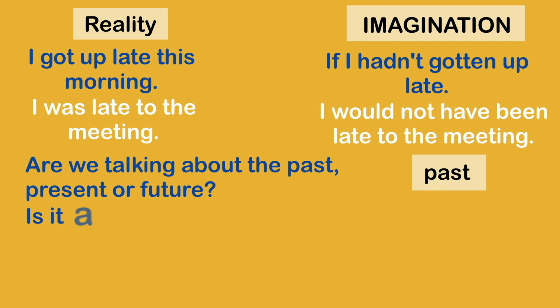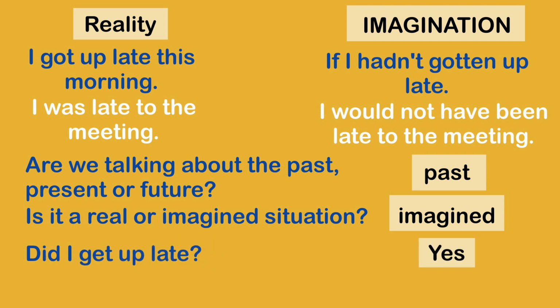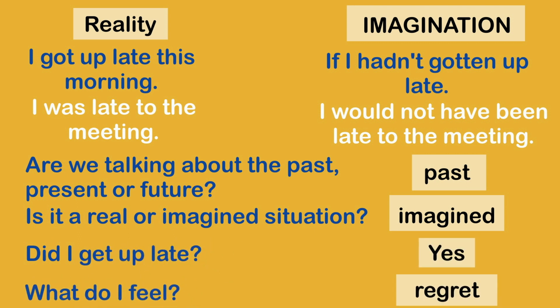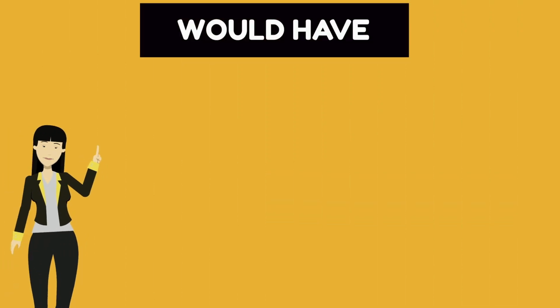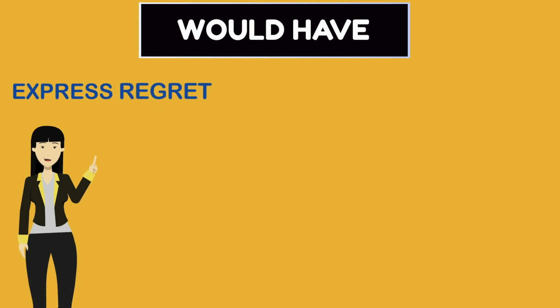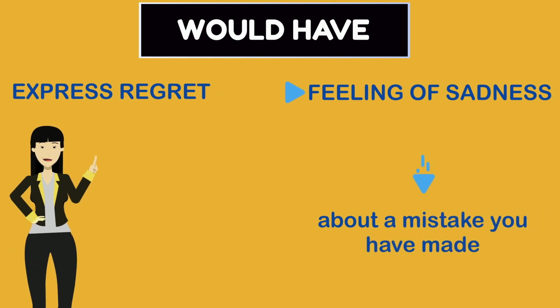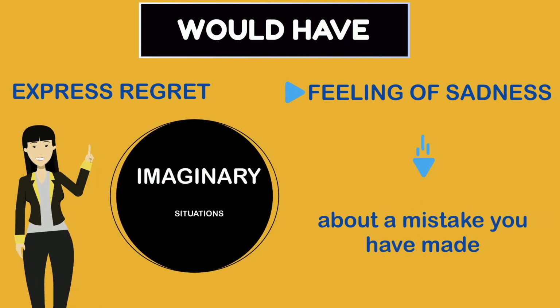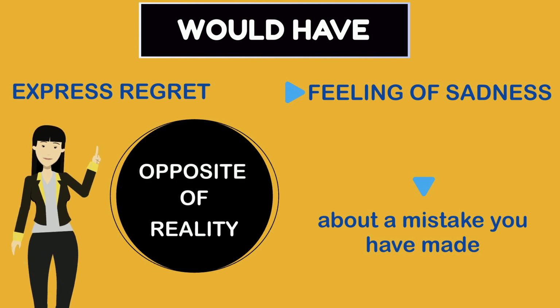Is it a real or imagined situation? Imagined. Did I get up late? Yes. What do I feel? Regret. So, would have is used to express regret. Regret is the feeling of sadness about a mistake you've made. It is used to talk about imaginary situations. It's the opposite of reality.